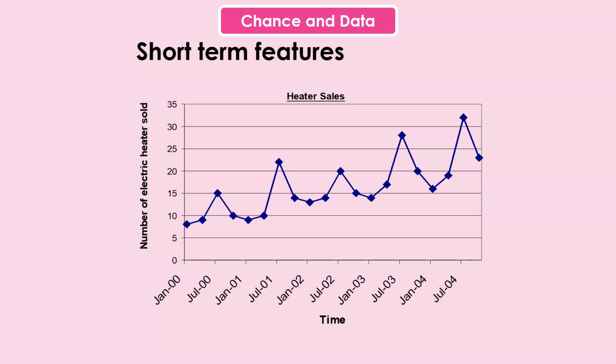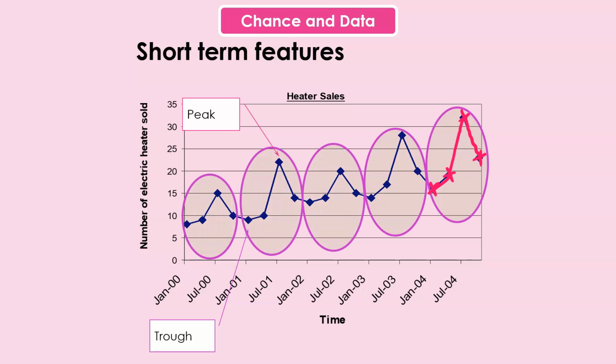Short-term features come up too, and we've touched on this before with the gas bill example. Here we've got heater sales. We can see that there's a peak there and a trough. So this is a New Zealand example because we have a peak in July and a trough in January, and that's a pattern that is repeated onwards.